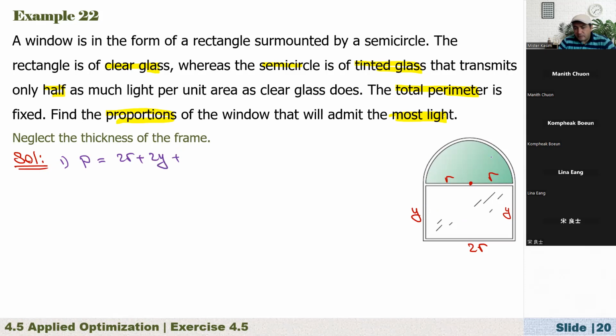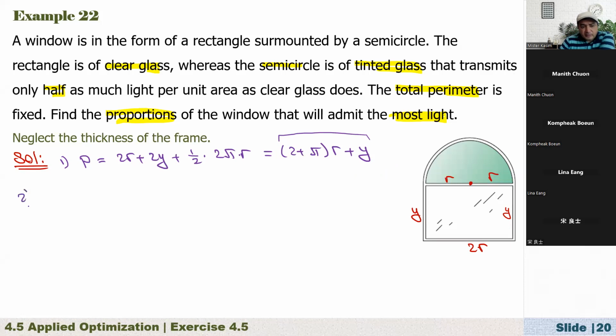And the upper curved part is just a semicircle, that is 1 over 2 times 2 pi R. If I simplify, here we have 2 plus pi times R, plus 2Y. Actually this thing is constant. That means if the radius is bigger, then Y will be smaller; if the radius is smaller, then Y is bigger. Whatever it is, it is a constant number.